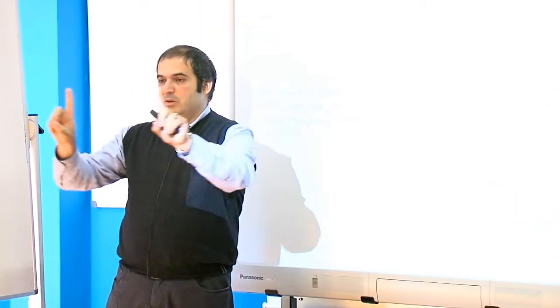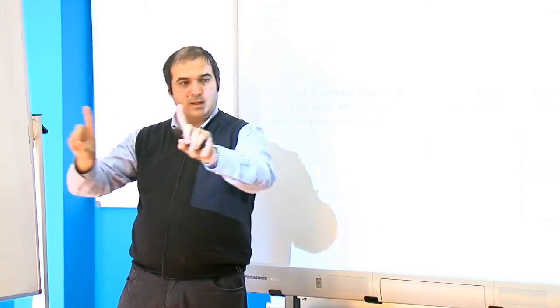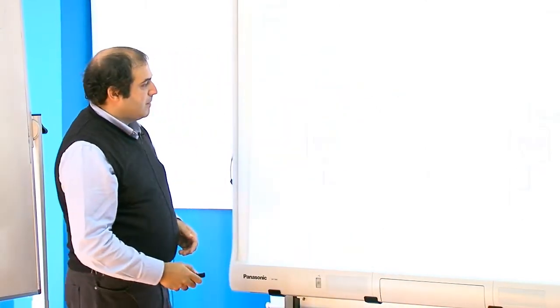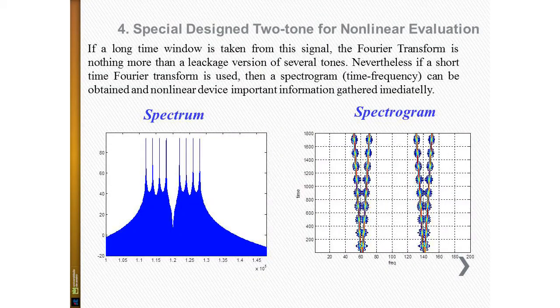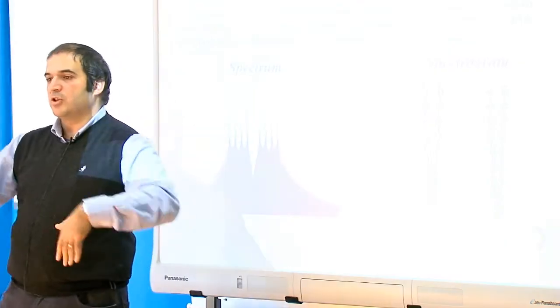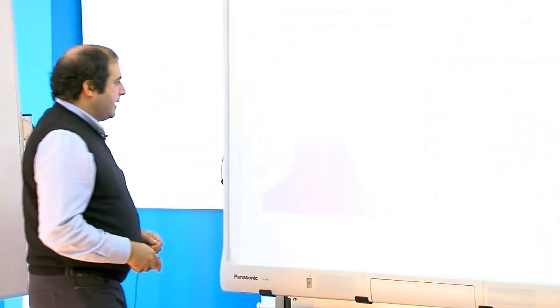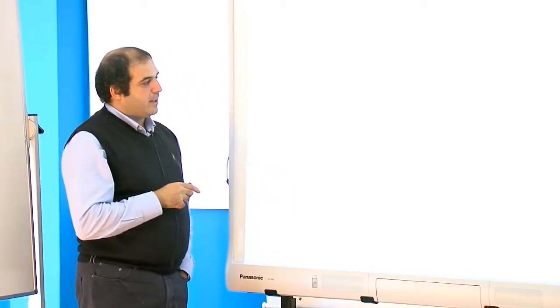So actually what you see, if you use a spectrum analyzer, you see the tones going up and down, okay? And this is important, why? Because I can do a spectrogram with the real-time signal analyzer that I showed you, and you can see what is happening to the intermodulation over time, okay? Okay, I'll go back.